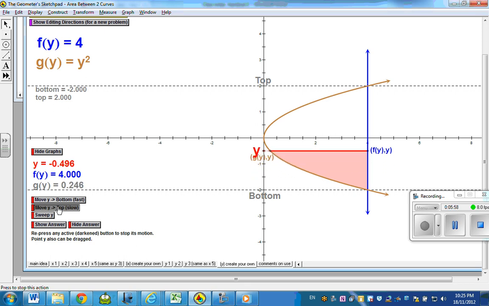So 4 is equal to y squared, so y is equal to plus or minus 2. The lower limit is minus 2, the upper limit is plus 2. We can integrate from 0 to 2 and multiply by 2, and we get the same answer. That would be enough examples just to demonstrate typical cases.